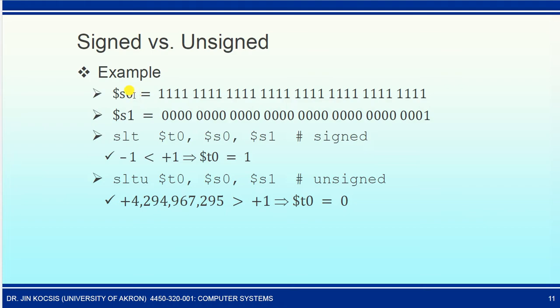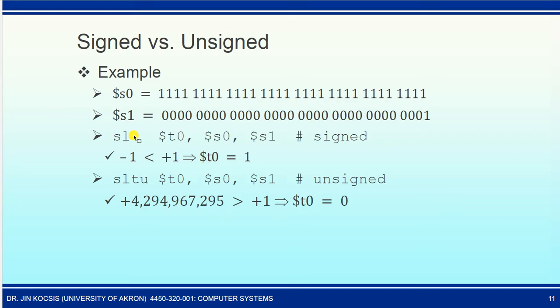For example, if I know S0, which is the first source operand, is represented this way, and S1, which is the second source operand, is represented this way, and I will implement the set on less than, followed by destination T0, first source operand S0, second source operand S1.